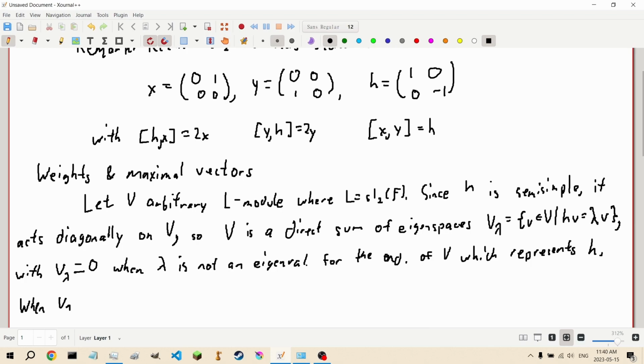Whenever V lambda is non-zero, lambda is called a weight of H in V, and we call V lambda a weight space.